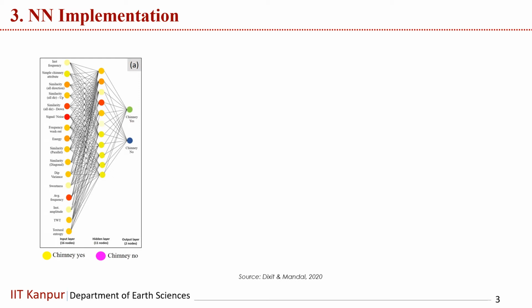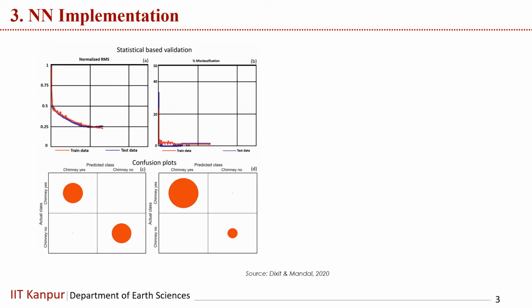To validate, we then checked the obtained result with the help of statistical parameters, in this case the normalized RMS error and the misclassification.